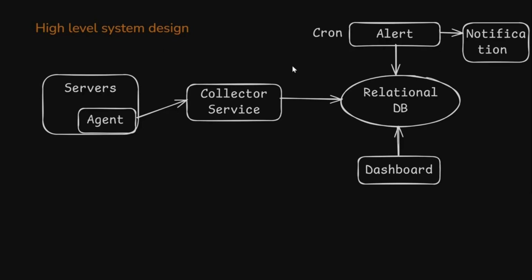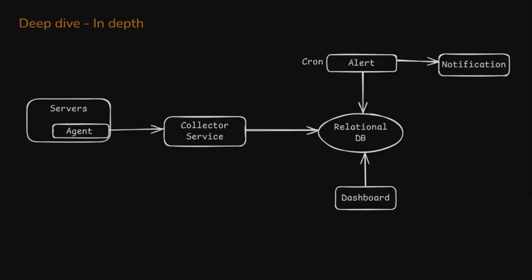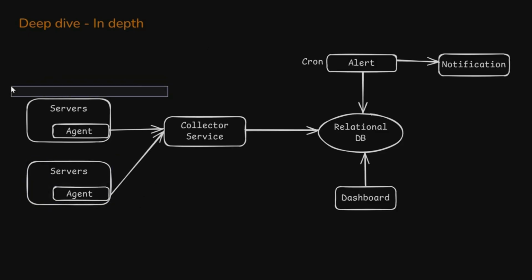Let me copy the basic flow diagram for the deep dive. In the deep dive, start thinking about the bottlenecks in the system for making it scalable. If we have hundreds and thousands of these servers, let me create some to understand the problem statement here. So we have these servers continuously sending events.